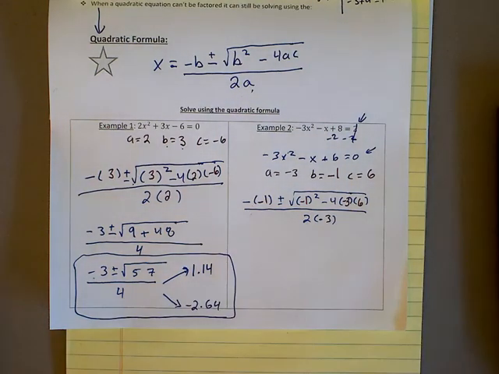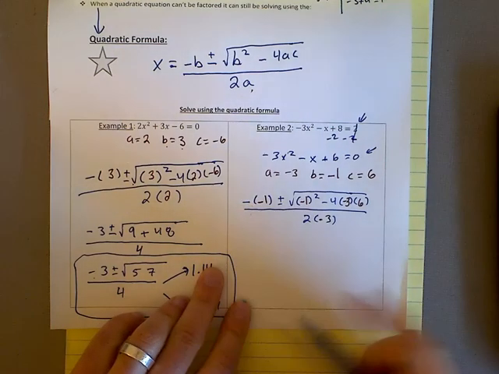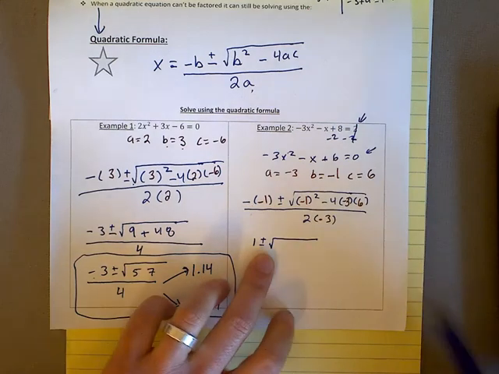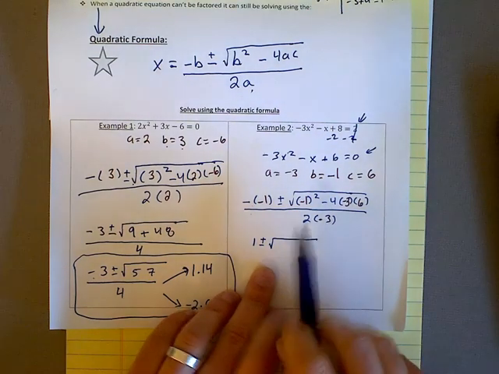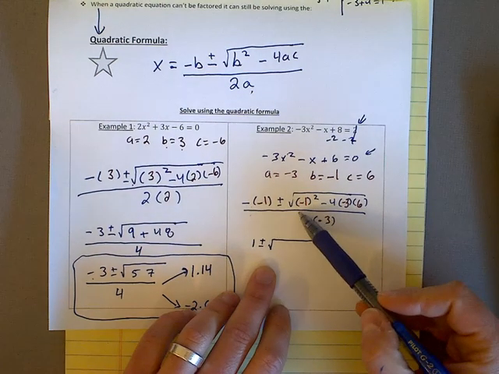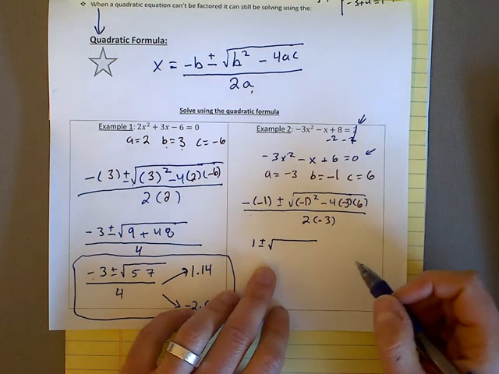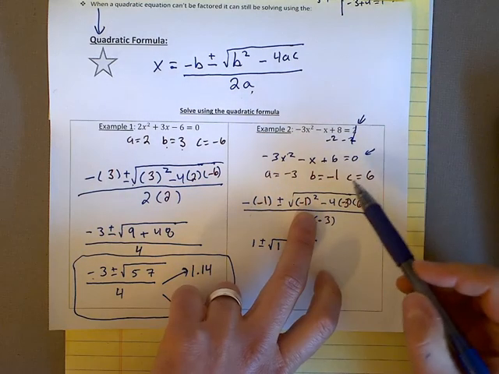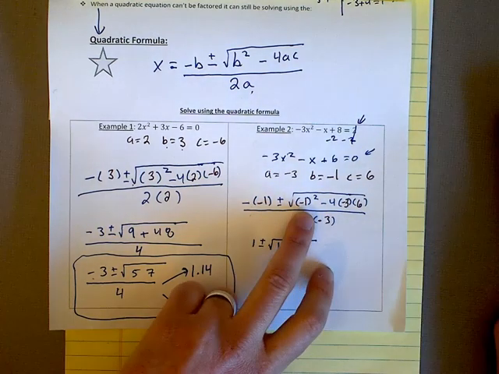So let's simplify that down. -1 is going to be 1, plus or minus the square root. Another very common mistake is when you're taking -1 squared. It's kind of like saying -1 times -1. It's going to be +1. And that first B squared is always going to be positive.